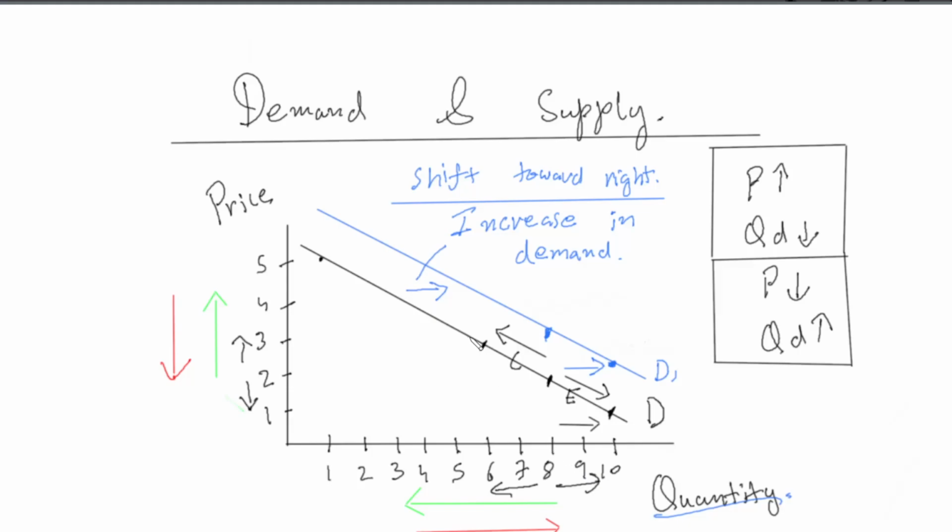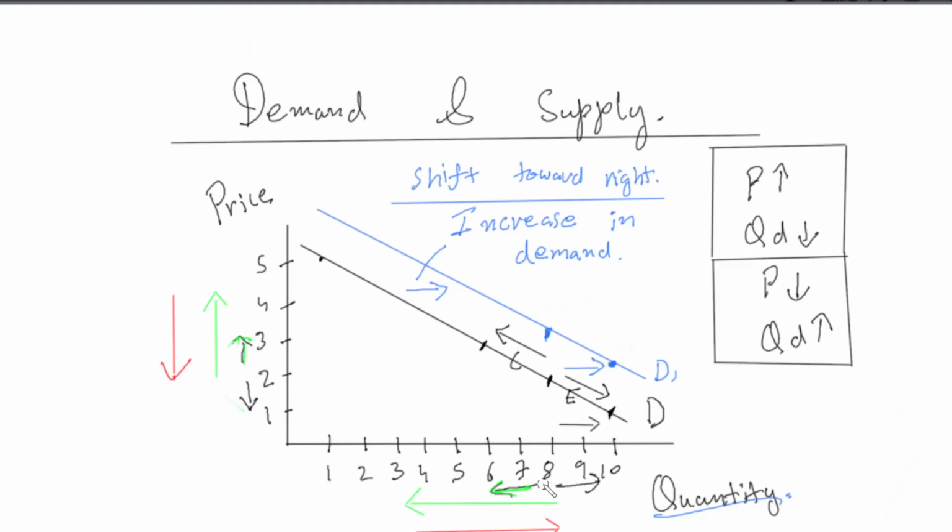When we take only price and quantity relationship into consideration, then this is called your ceteris paribus assumption. Okay, this is called your ceteris paribus assumption.